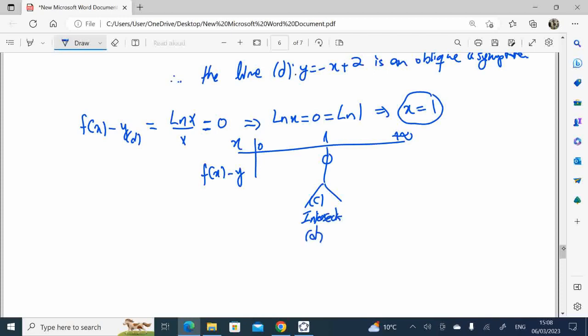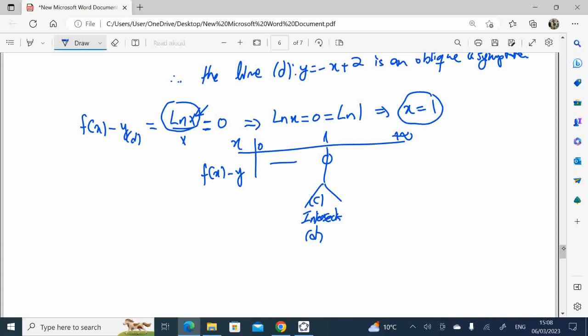Now between 0 and 1, we know ln x is negative. You may try a value. I may choose between 0 and 1, 0.5. If I substitute here 0.5, ln 0.5, and I calculate it using a calculator, it's a negative value, so over 0.5 it will remain a negative value.